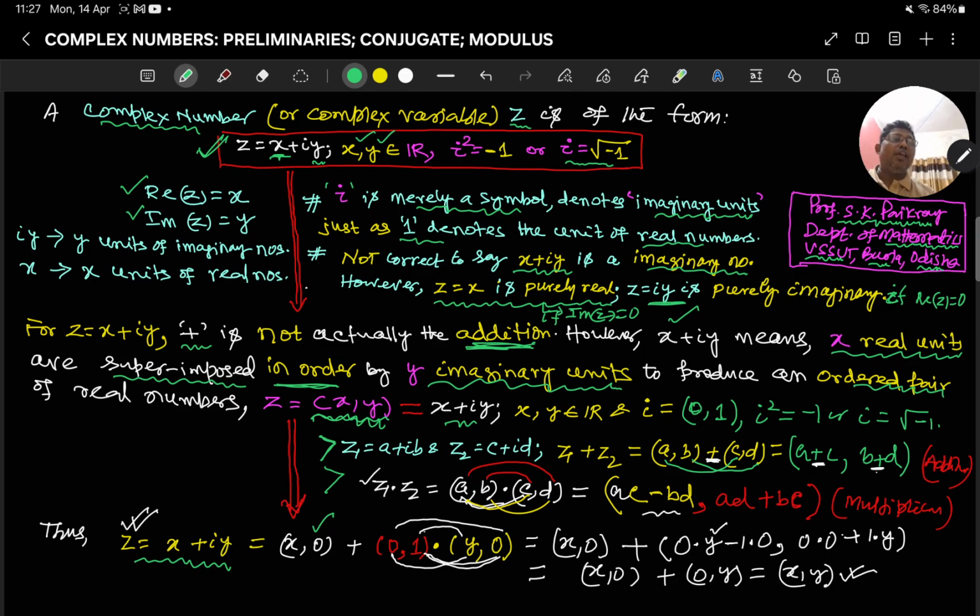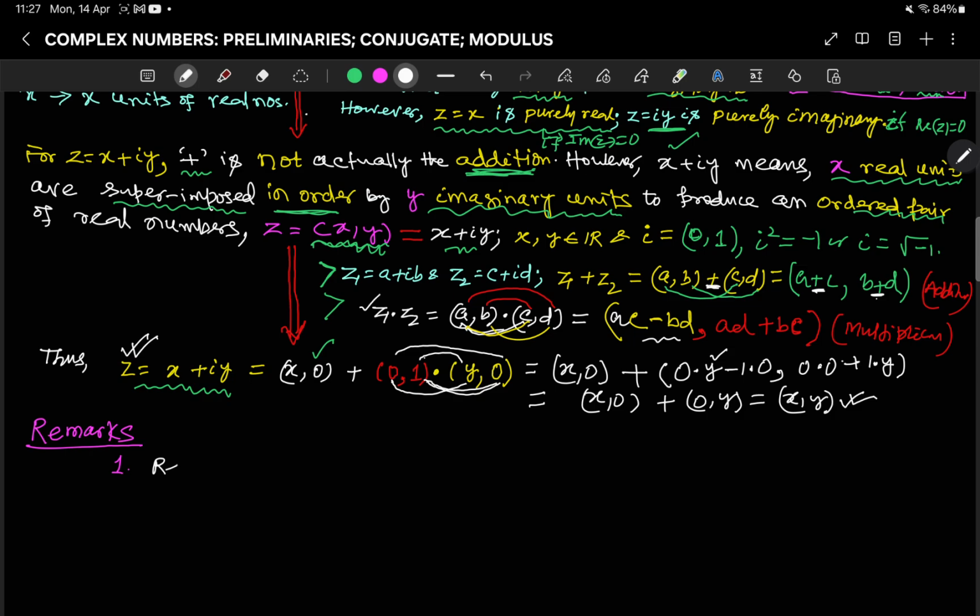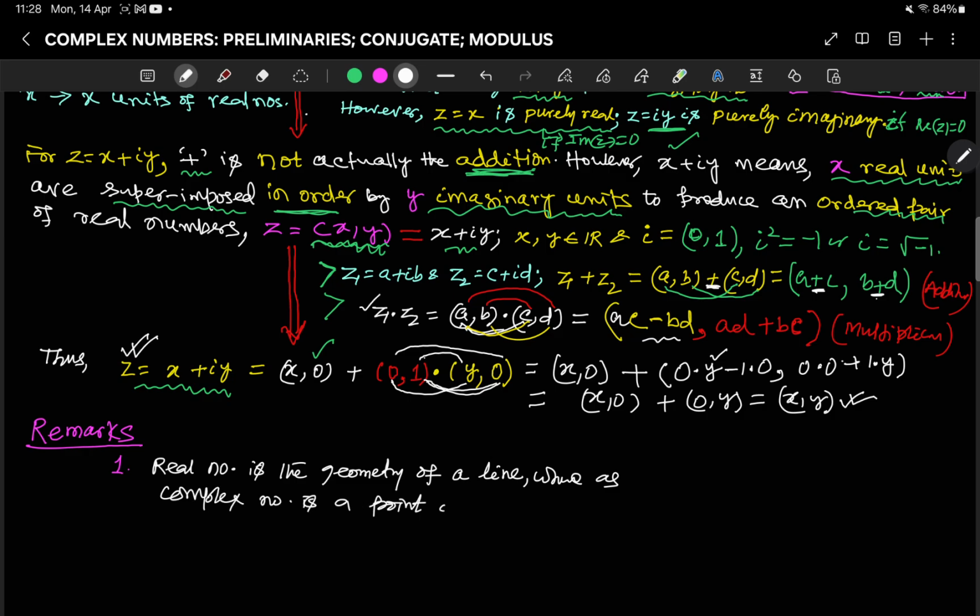So without much delay, let me discuss some standard remarks in view of the background of the complex number. I can say here, real number is the geometry of a line, whereas complex number is a point in the plane.